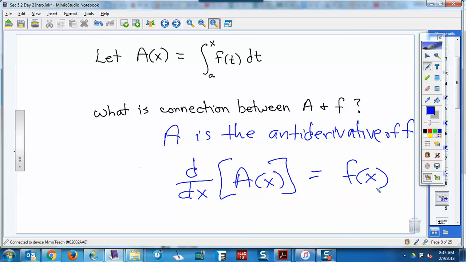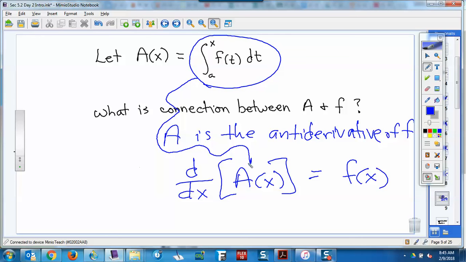Now, let's take this. So the way this is formally written then is we take this and we're going to sneak it right in there. This is the fundamental theorem. This is the connection.